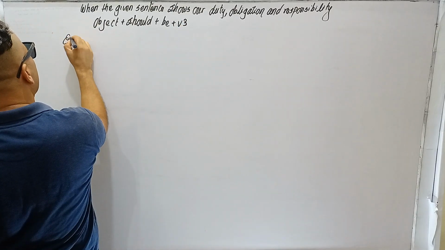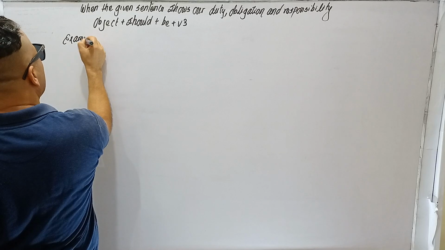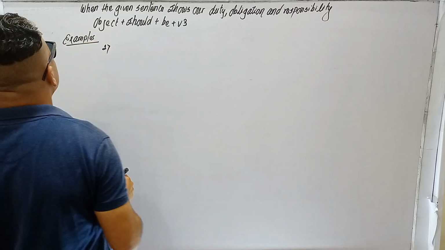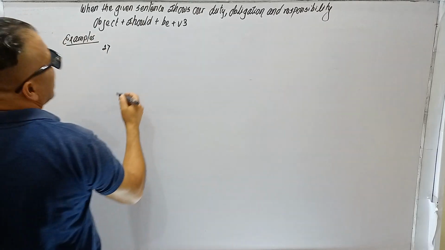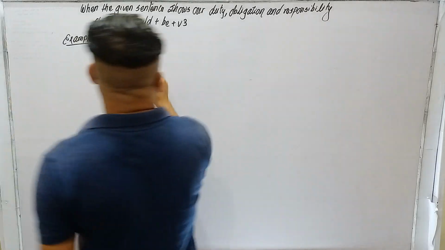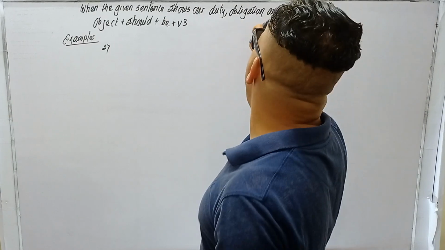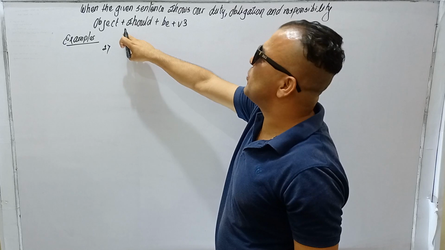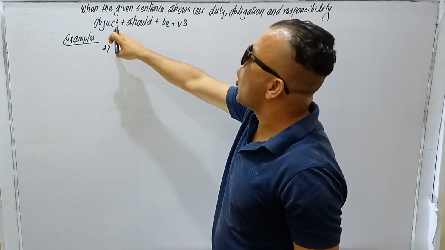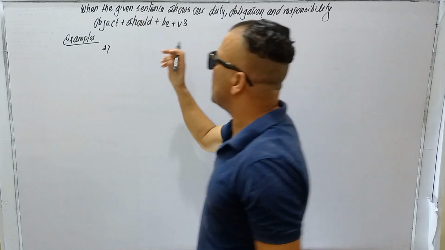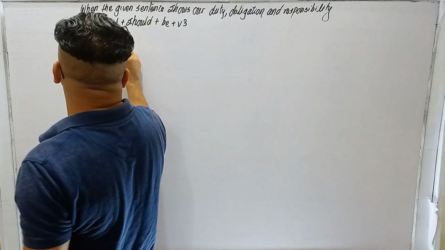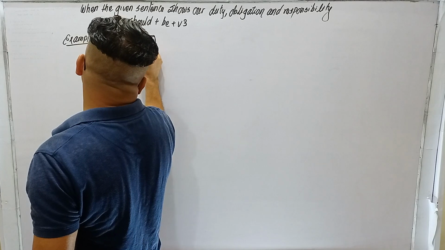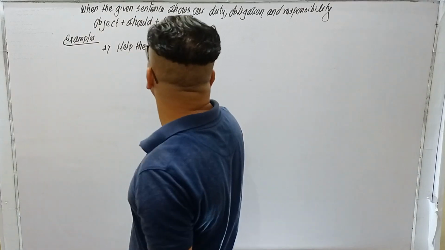Number 1. Example number 1. When the given sentence shows our duty, obligation, and responsibility, the structure of the passive voice in an imperative sentence is object plus should plus be plus P3.